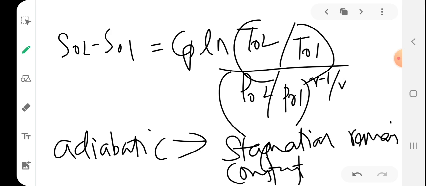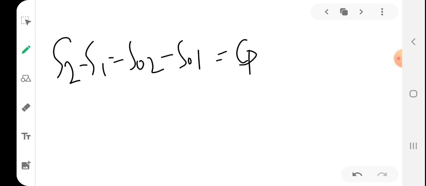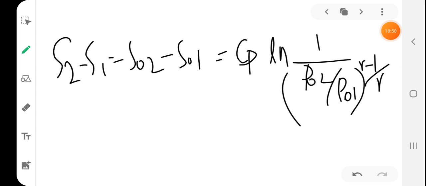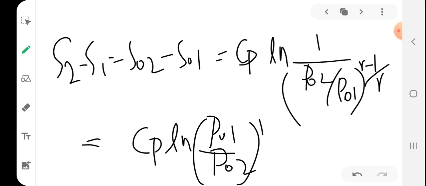So substituting this here, it will become log 1, natural log of 1. What will happen to that? The equation becomes S2 minus S1 equal to S02 minus S01 equal to Cp log of 1 divided by P02 by P01 raised to gamma minus 1 by gamma, or Cp log P01 by P02 raised to gamma minus 1 by gamma.